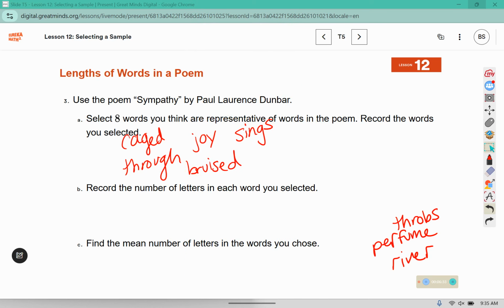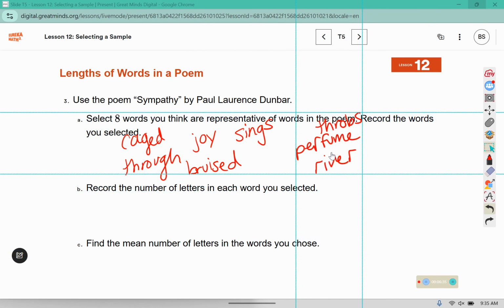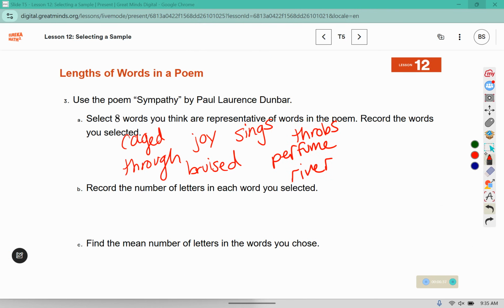And list them in Part A. Then we need to also record the number of letters in each word that we selected. Caged has 5 letters. Joy has 3. Sings has 5. Throbs has 6.